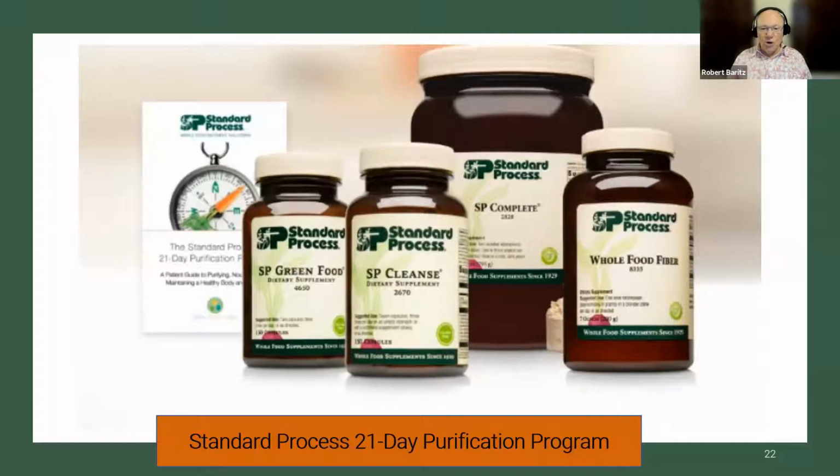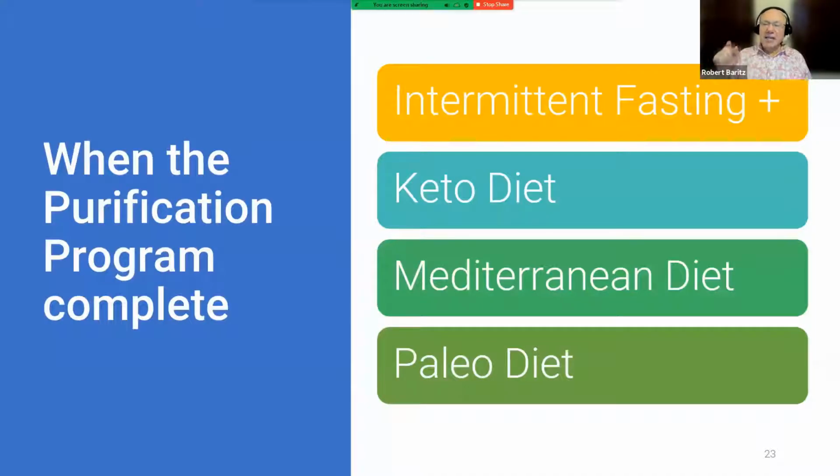When the cleanse is over, you bring them back in. And I tell them, if you complete the cleanse before you see me your next visit, stay on the cleanse diet until you see me. Don't make any changes. When they come back to me, I then put them on intermittent fasting plus a keto diet or a Mediterranean diet or a paleo diet, according to what I found in my experience in my clinic.